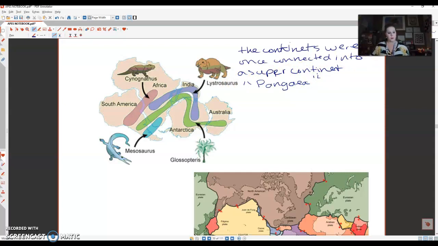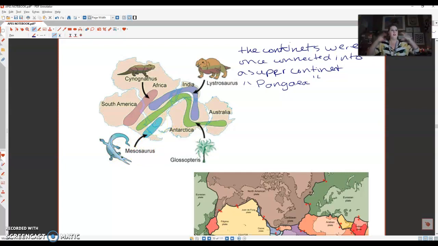Okay. Now, this also explains why we can see certain fossils of the same type of animal in different locations in the earth. So if you look right here, okay, Mesosaurus, you can see fossils of Mesosaurus in South Africa and in Africa.